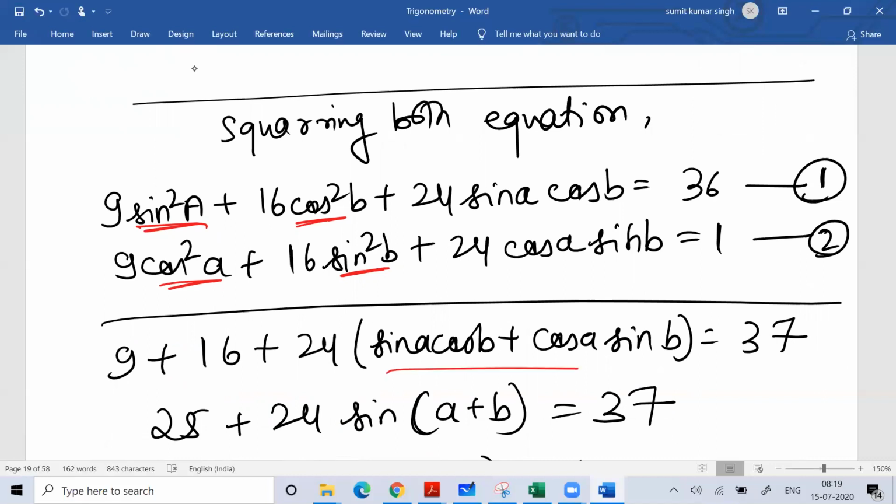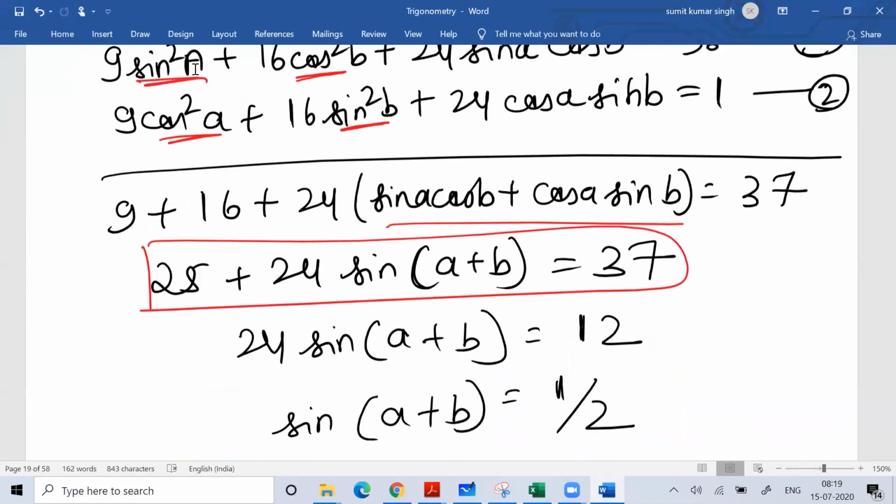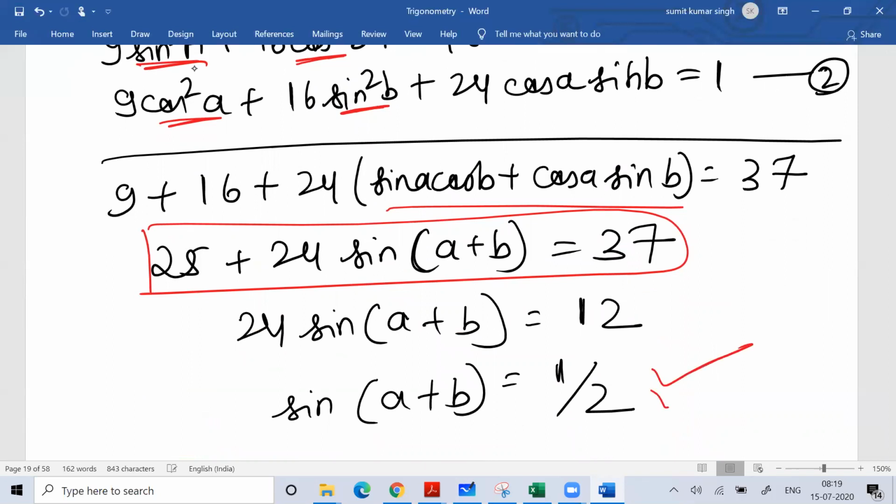You know that sin A cos B plus cos A sin B is nothing but sin(A plus B). Now if you bring 25 toward the RHS, you will find sin(A plus B) equal to 1 by 2.